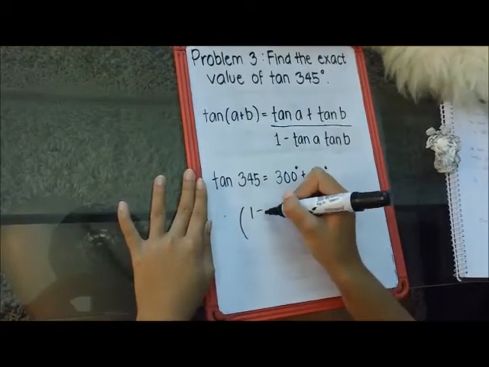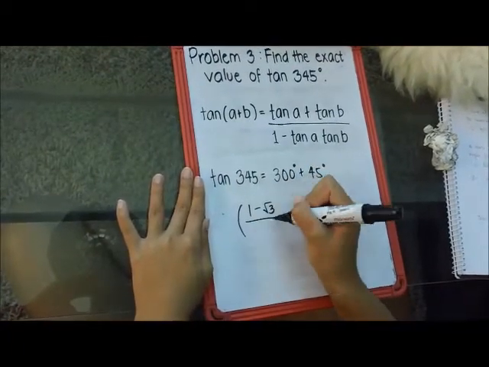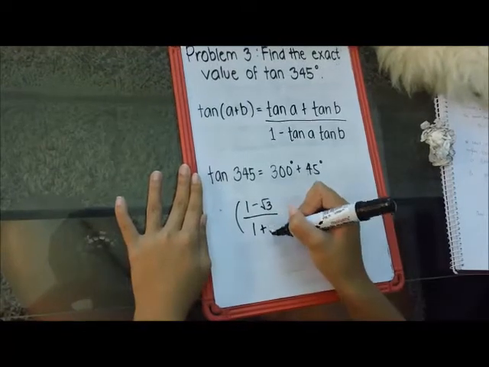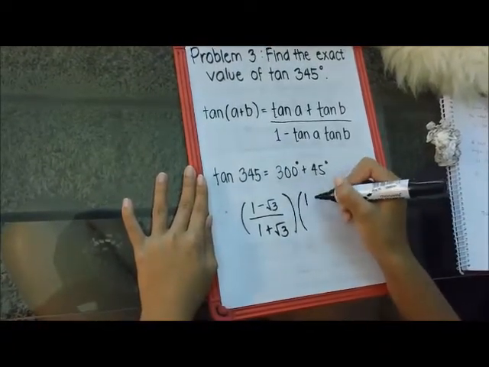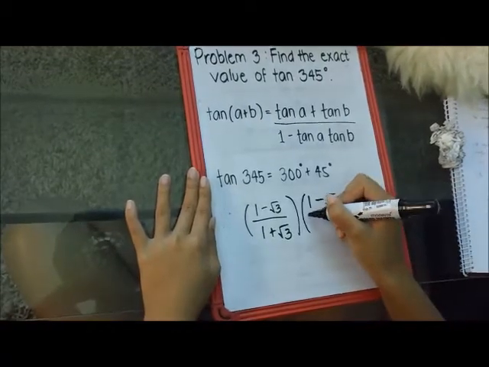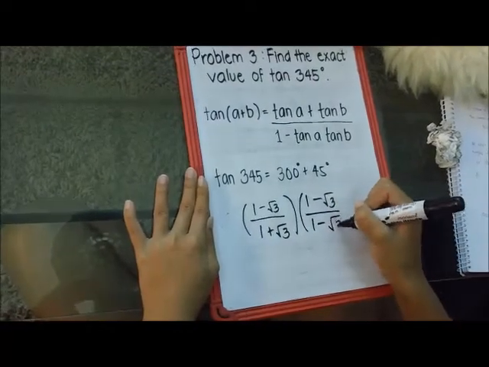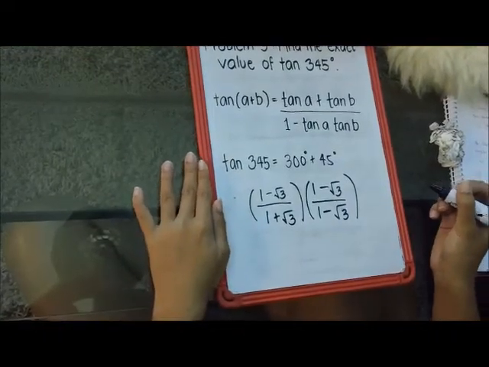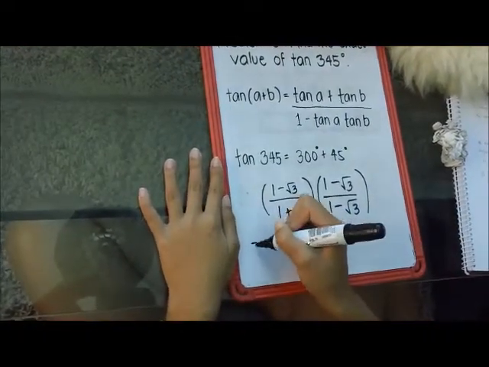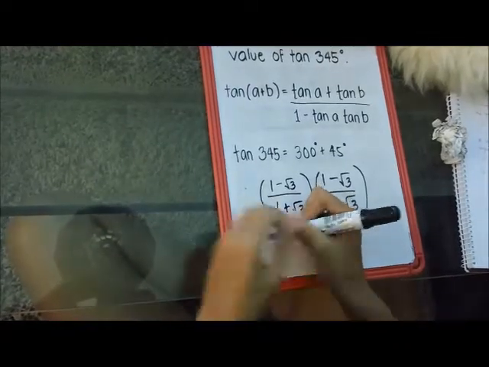So it becomes quantity 1 minus square root of 3 over 1 plus square root of 3 multiplied by 1 minus square root of 3 over 1 minus square root of 3. Then we use the FOIL method.